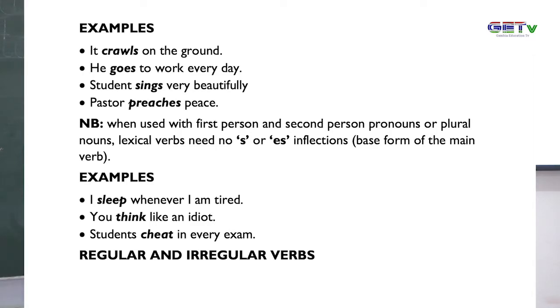Since all the subjects there are singular, the verbs take an inflection that is S. Then we move on to the other example. Pastor preaches peace. The subject here is pastor, and the verb here is preach. So since pastor is singular, you cannot say preach, but you say preaches. The pastor preaches peace. So there's agreement between the two.